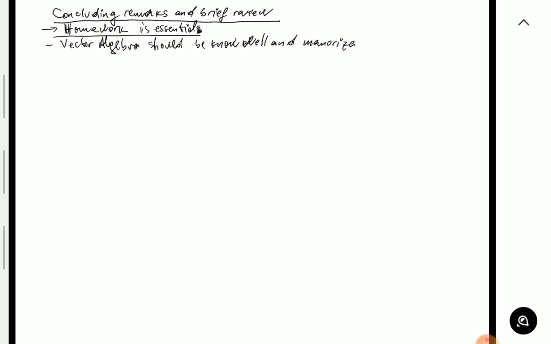because you can't really afford to refer back to a formula sheet whenever you need, for example, to compute a basic vector operation. So what do I mean by vector algebra here? Things like the computation of the cross product, the dot product, the magnitude of a vector, a scalar product.